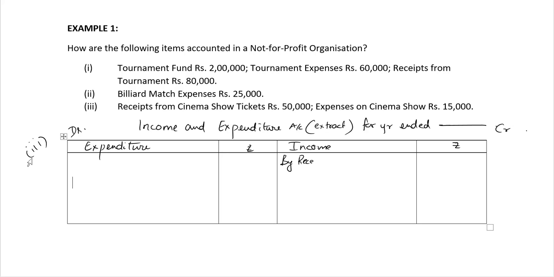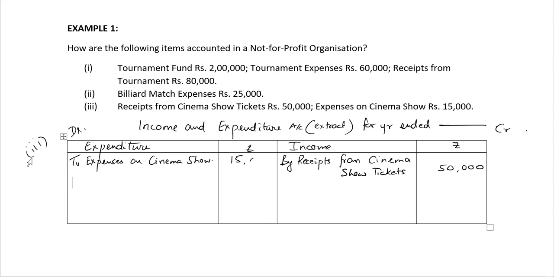By receipts from cinema show tickets, amount 50,000 rupees. To expenses on cinema show, amount 15,000 rupees. So this is the answer for the third subdivision.